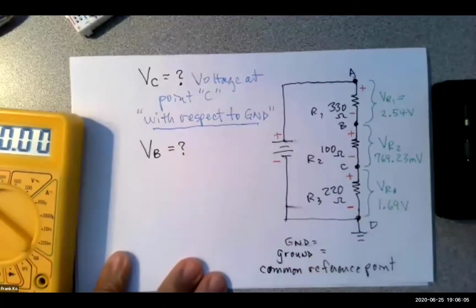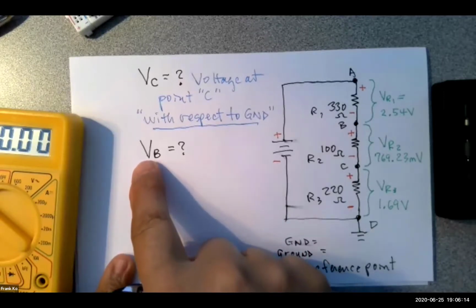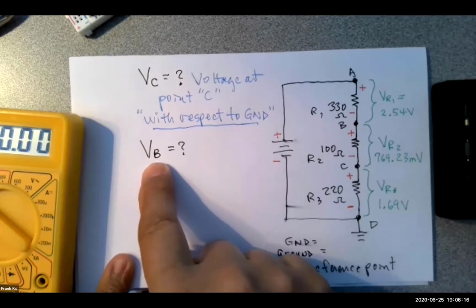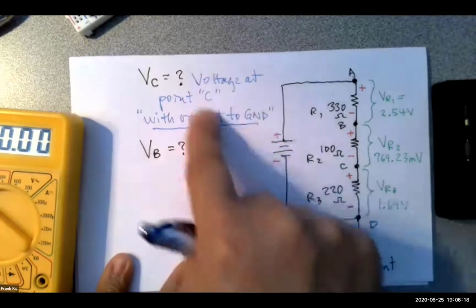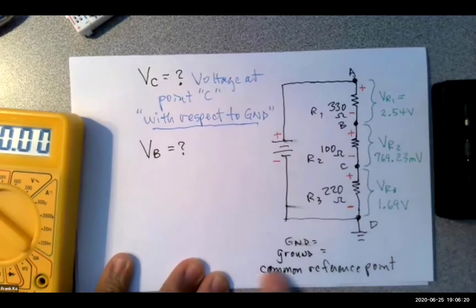So the question goes to Chisamaga. Chisamaga, unmute your microphone if you would. How would you read V sub B compared to what we have in the previous example? Chisamaga, could you unmute your microphone? Would it be the voltage at point B with respect to the ground?